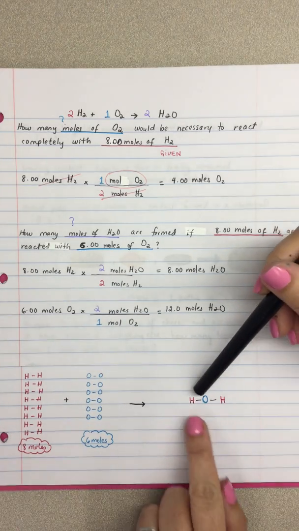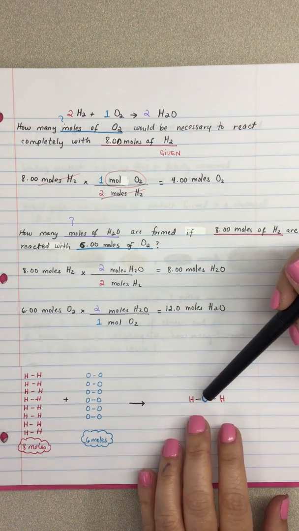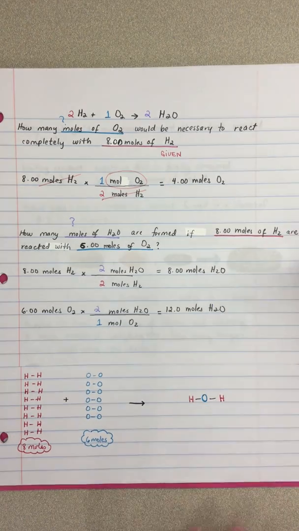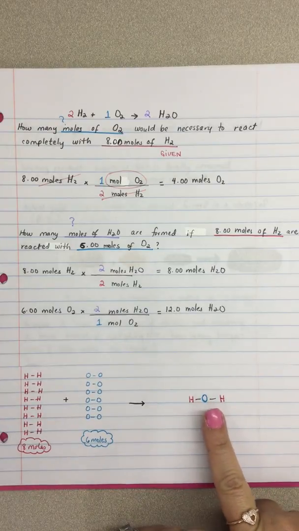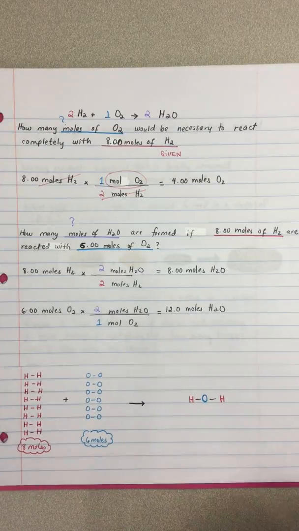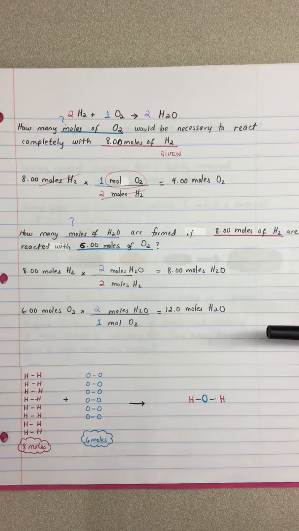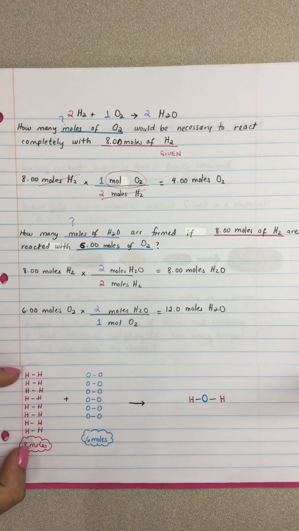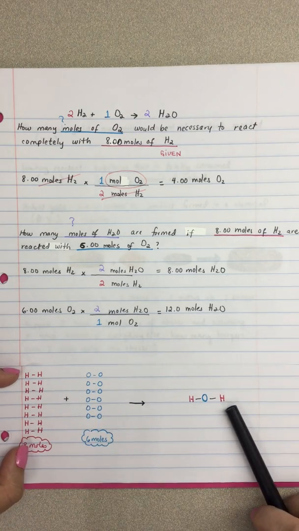Now, looking at your water molecule here, each water molecule, H2O, is 2 hydrogens and 1 oxygen. So you need 2 hydrogens and just 1 oxygen to have one molecule of water. So if you look at your given amounts here, with 8 moles of hydrogen that you have, you need 2 hydrogens in each water molecule.